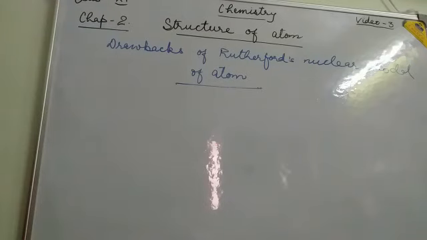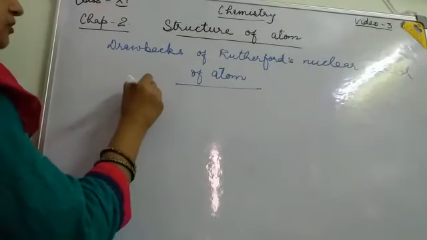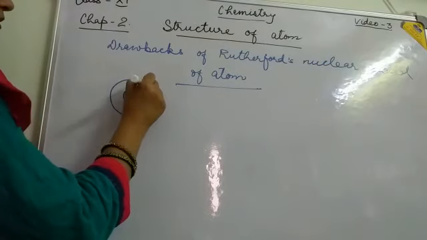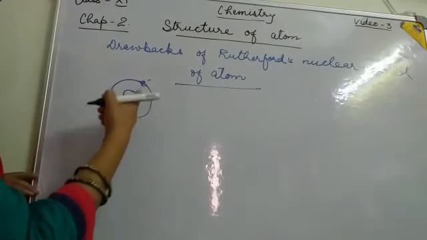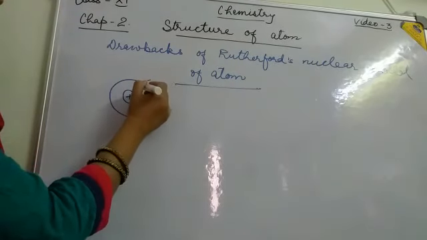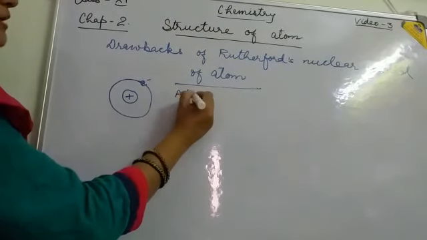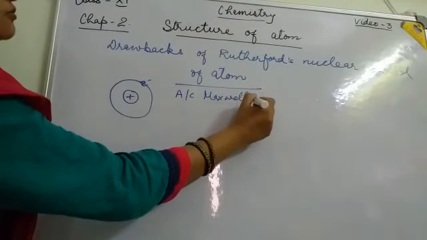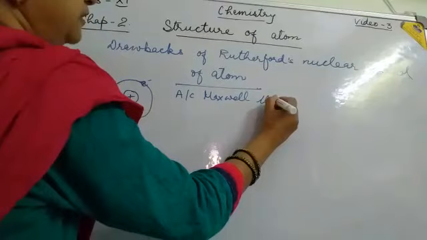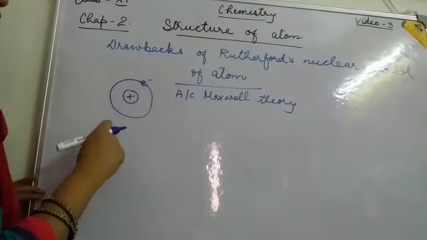According to Rutherford, electrons revolve around the nucleus in a circular path. But this electron is an electrically charged particle. When this electron revolves around the nucleus, according to Maxwell theory, when a charged particle revolves in a circular path, it accelerates.